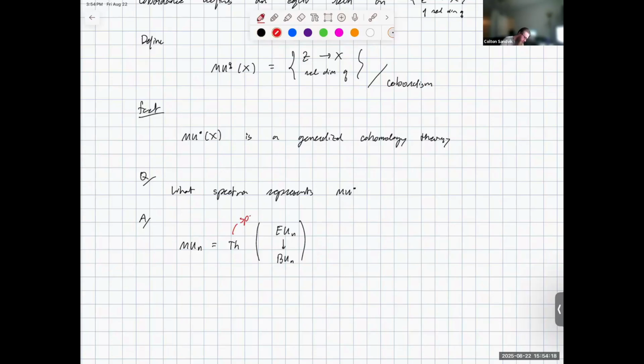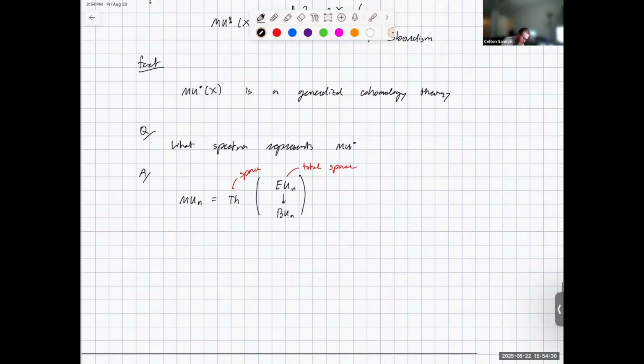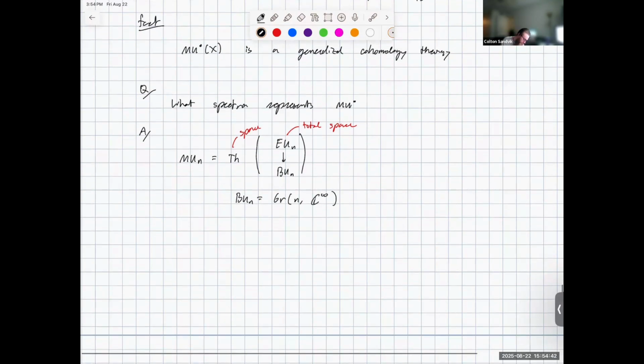Let me write some words here. So this is the total space. You can also think of BUN as the same as this Grassmannian, so it comes with the tautological vector bundle. EUN is the tautological vector bundle, a rank n vector bundle.